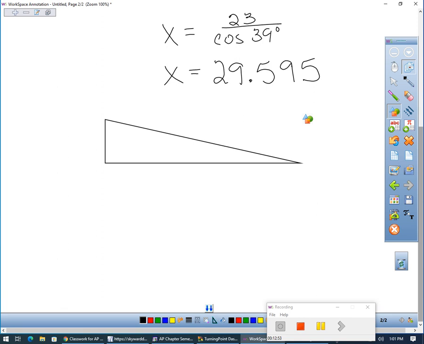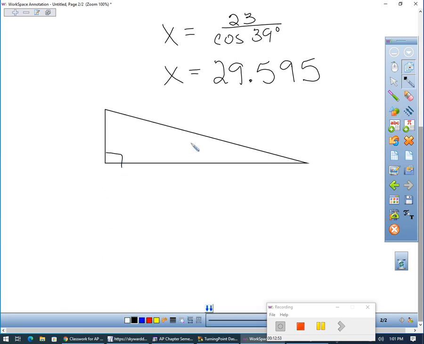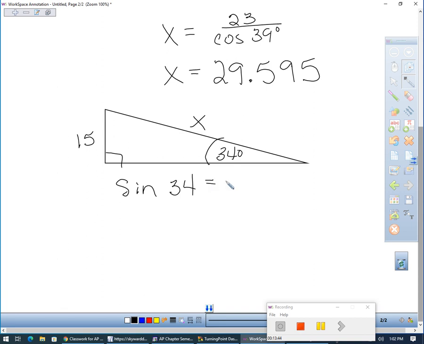Let's say in this triangle, I have a 34 degrees over here, 15 here, and I want to know x. We have opposite and we have hypotenuse. Which trig function is that one? Sine. So we have the sine of 34 equals 15 over x.